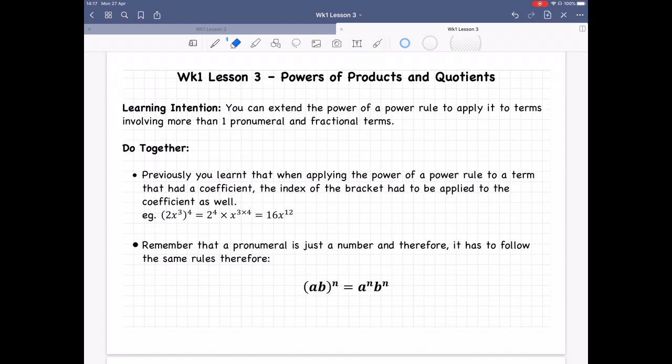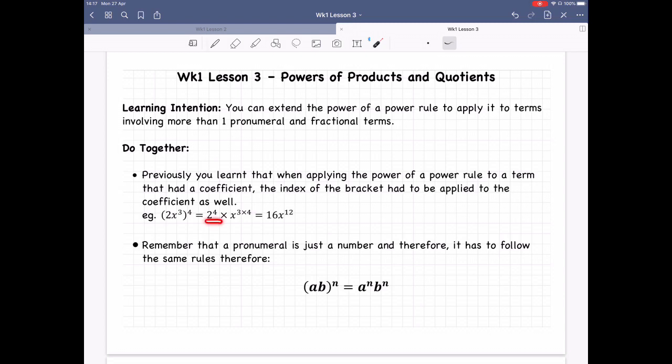Now, in the last lesson, you learnt that applying the power of a power rule to a term which has a coefficient means you had to apply it to the coefficient as well because it was inside the brackets. So if we are looking at (2x^3)^4, this 2 is inside the brackets, which means the 4 had to be applied to the 2.